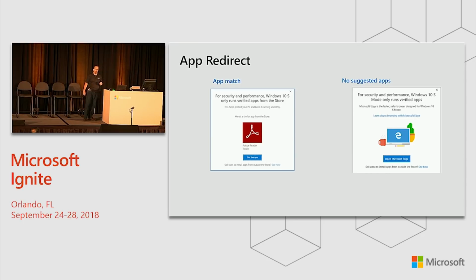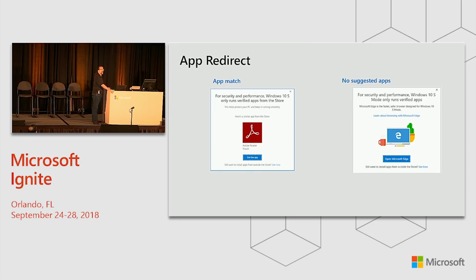What happens with the app experience? Well, we have an app redirection feature where, let's say a user has gone online and has downloaded Adobe Reader. For an application like Adobe Reader, if they download the 32-bit one using the traditional Windows installer, they're going to get a block.